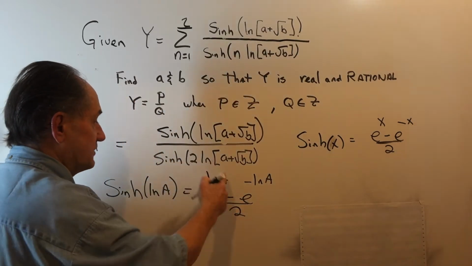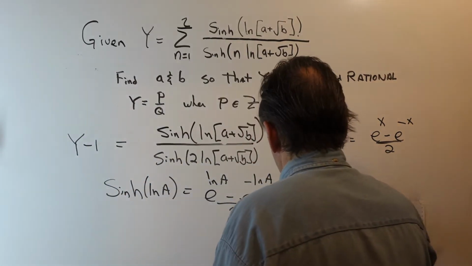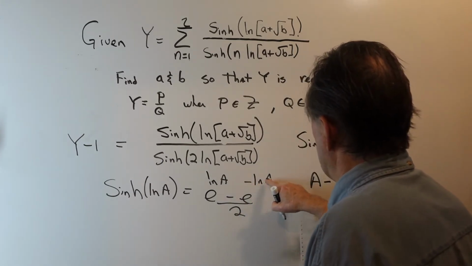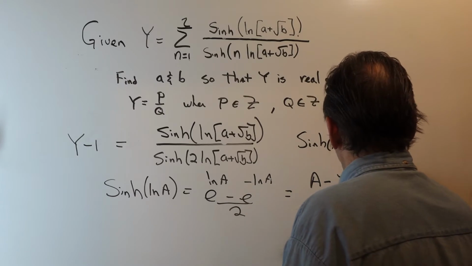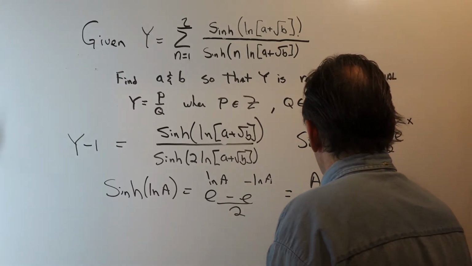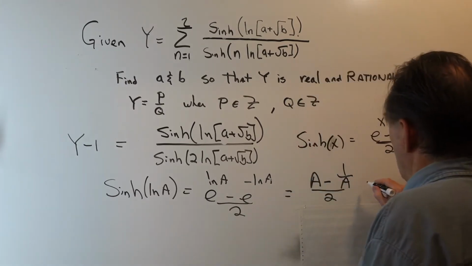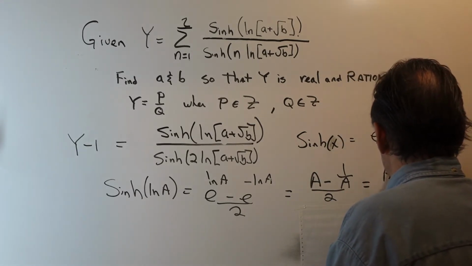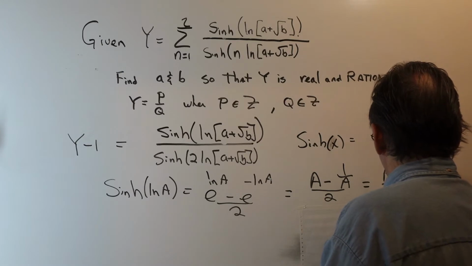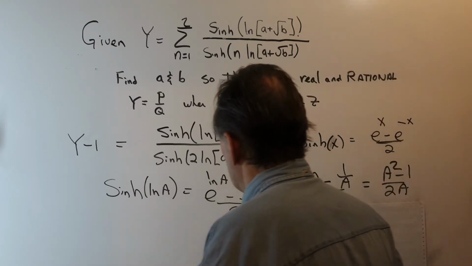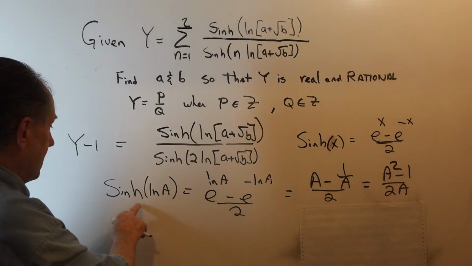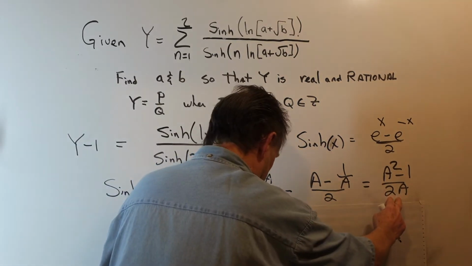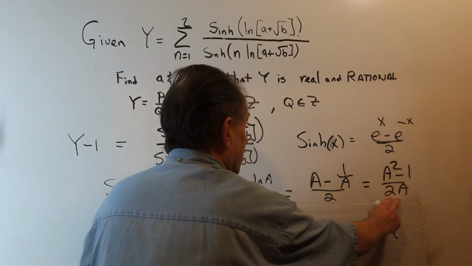Well, e to the natural log of a is a minus, and e to the minus natural log of a is 1 over a. And that's divided by 2, or we can write this as a squared minus 1 over 2a. So that's our hyperbolic sine of the natural log of a is equal to this quantity here.